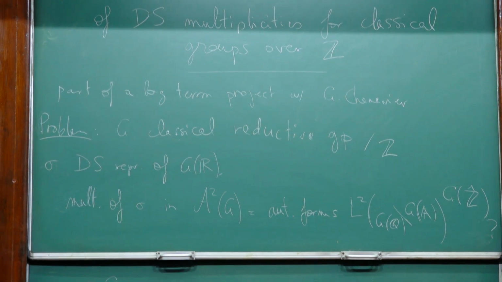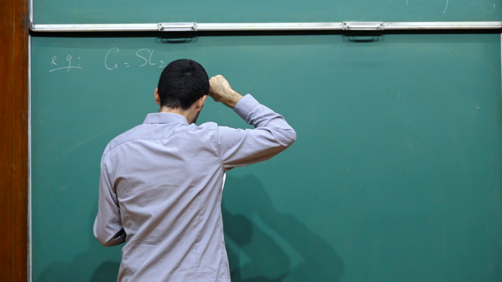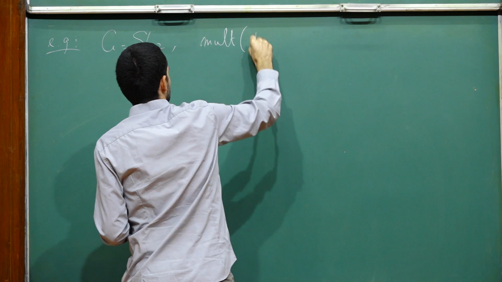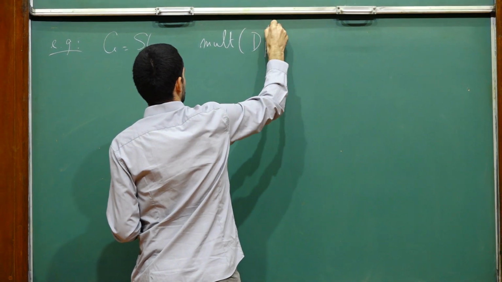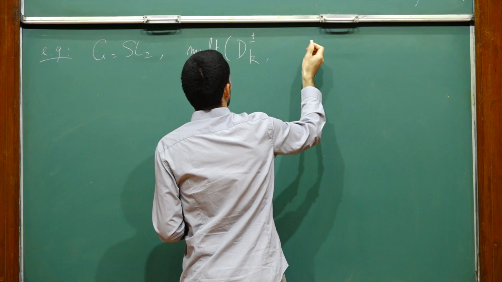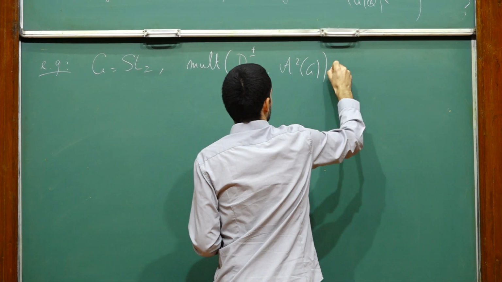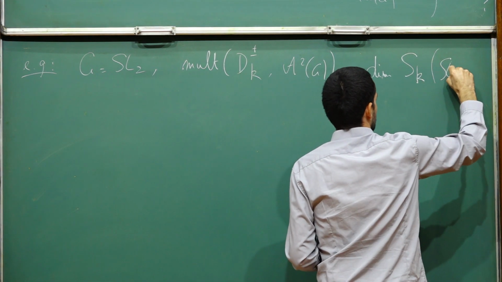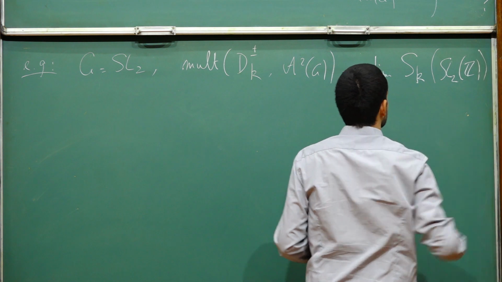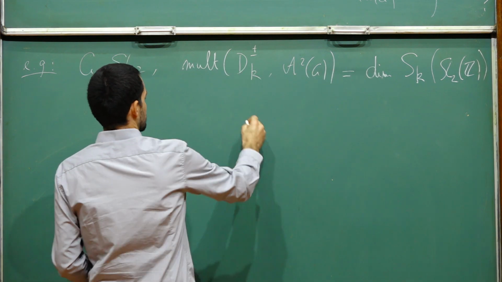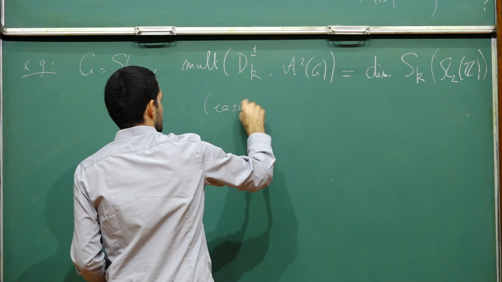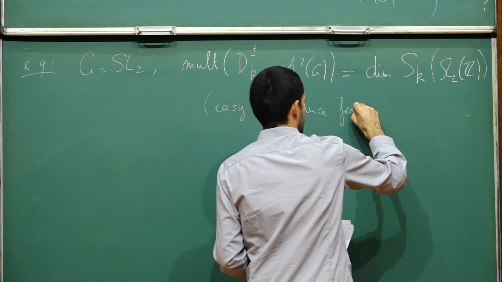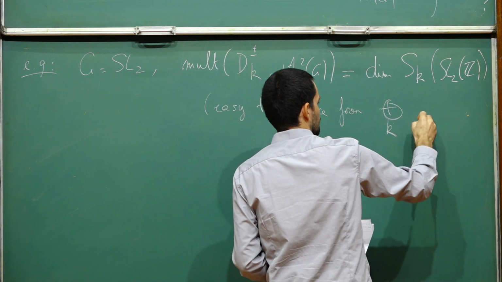For example, when G is SL2, the multiplicity of, it's often called D_k, in A2 of G is classically the dimension of cusp forms, and that's something that's easy to deduce, say, from the structure of the graded ring of modular forms.